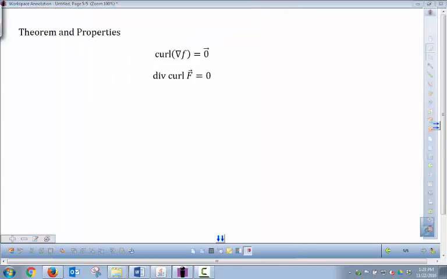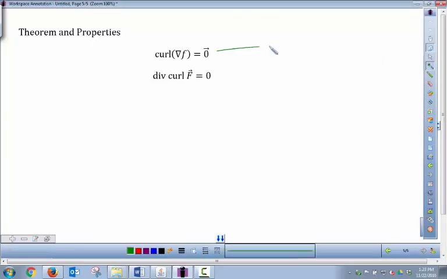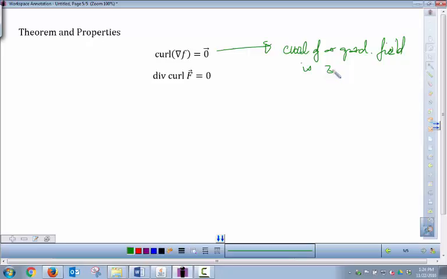Oh, I should have reformatted this a different way, but let's see if we can work with this. So, if you have a gradient field, the curl of a gradient field is 0. If you have a gradient field, it turns out that there's no rotation in there.